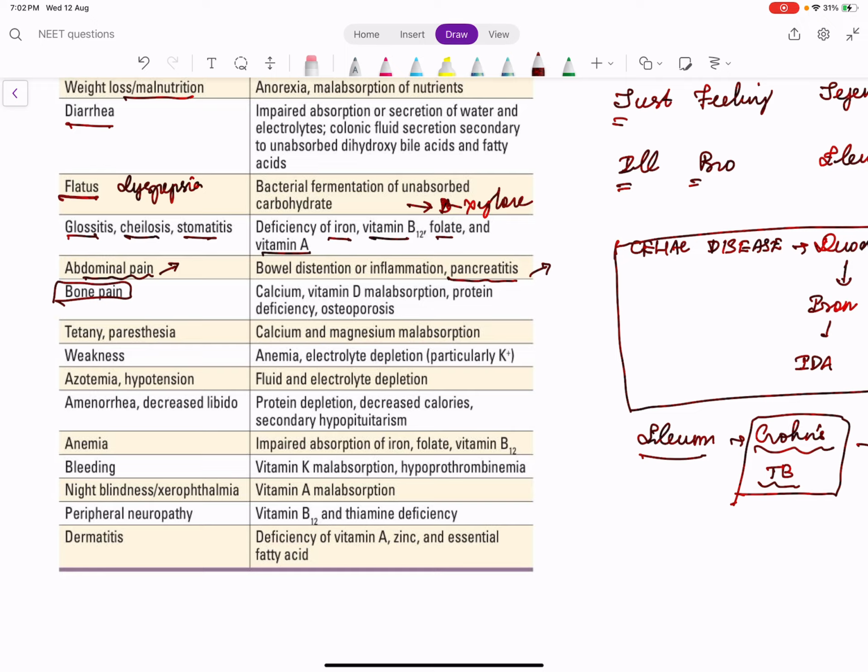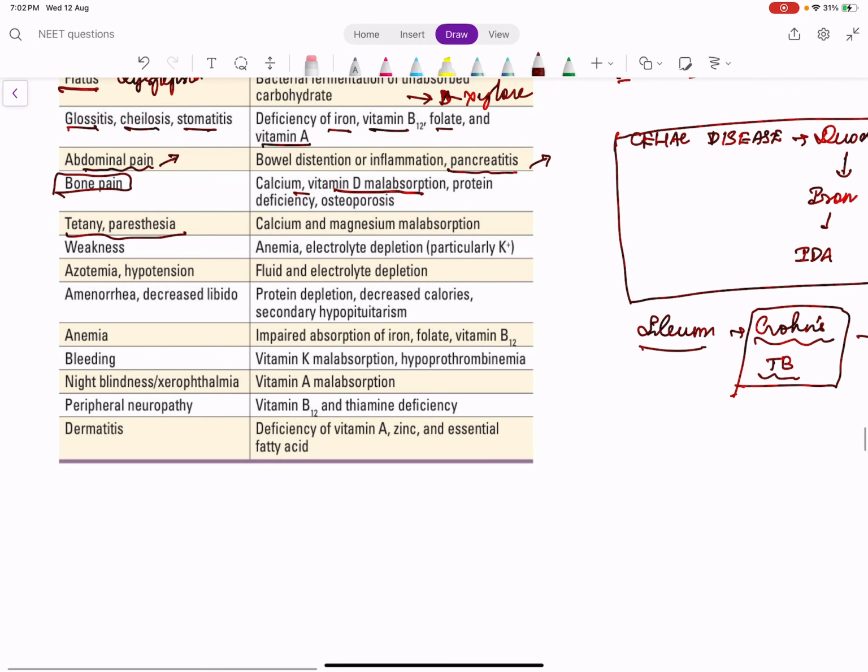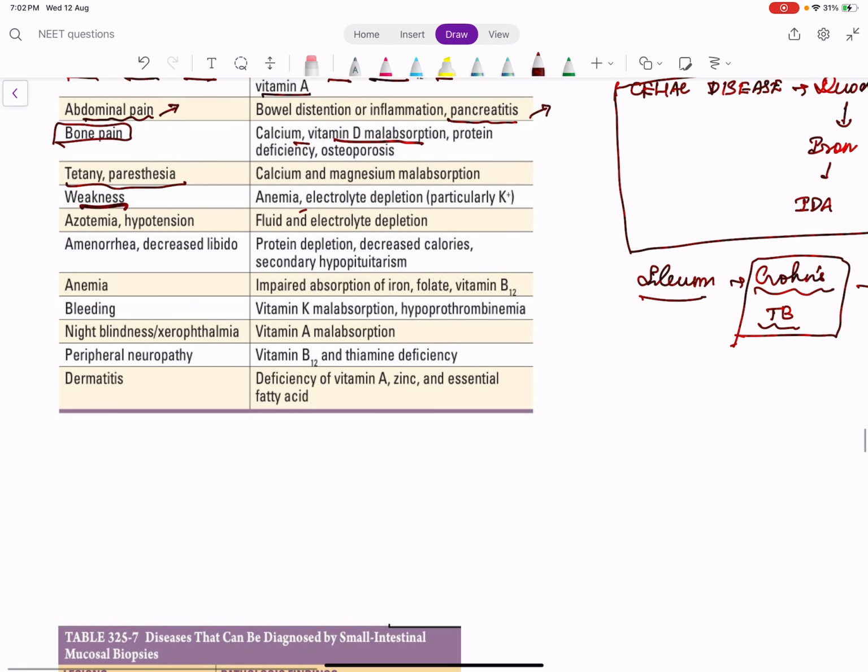Bone pain, calcium is deficient, okay? Calcium, vitamin D malabsorption, etc. Tetany and paresthesia, again calcium deficiency. If there is weakness, think of anemia. And anemia, always think of iron, folate or B12 deficiency. Iron deficiency anemia, think of celiac disease because the duodenum is the site of iron absorption.